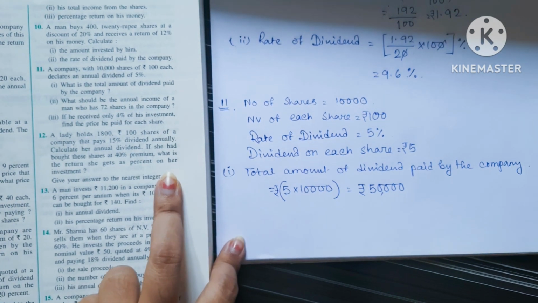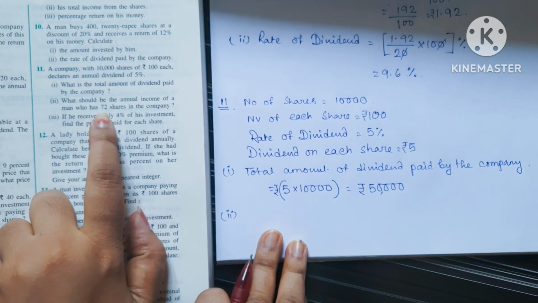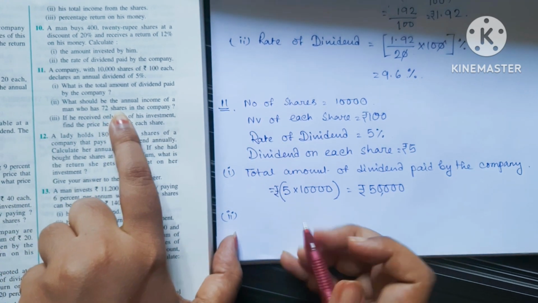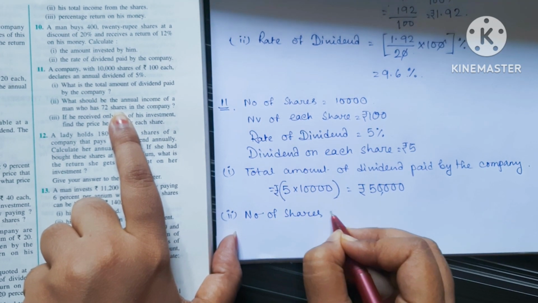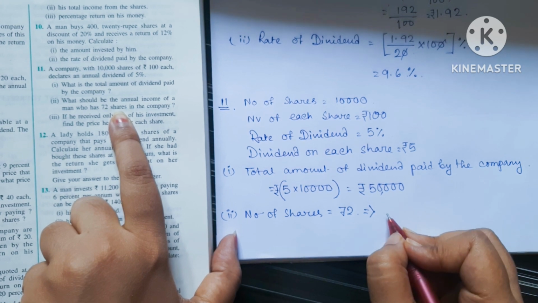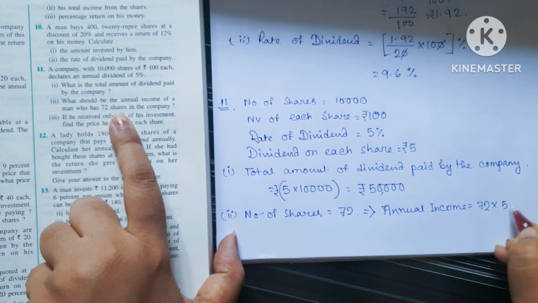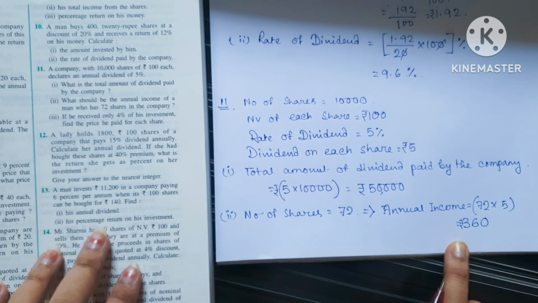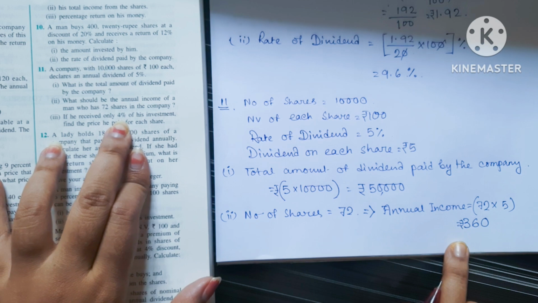Total 50,000. What should be the annual income of a man who has 72 shares? Number of shares 72, that implies annual income 72 into 5. This is the annual income. Now he receives only 4% on his investment.